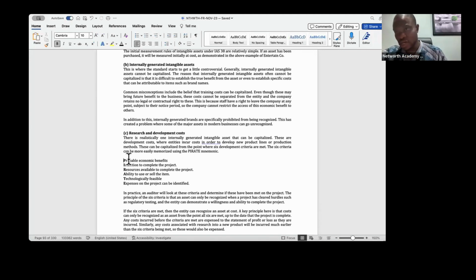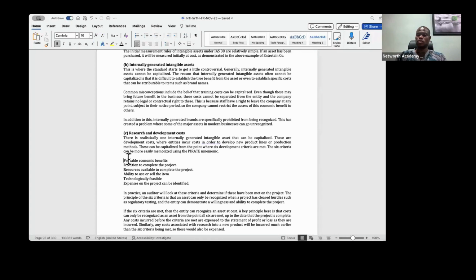However, in your exam, the way you will know that a development cost has met the 6 criteria is usually when the company has gotten a regulatory approval or a government approval. Usually it's from that date that it will have met these 6 criteria.